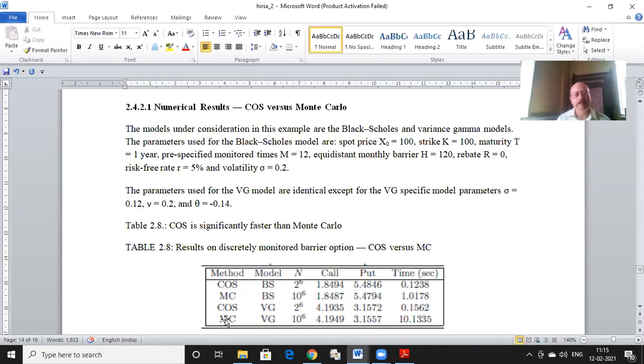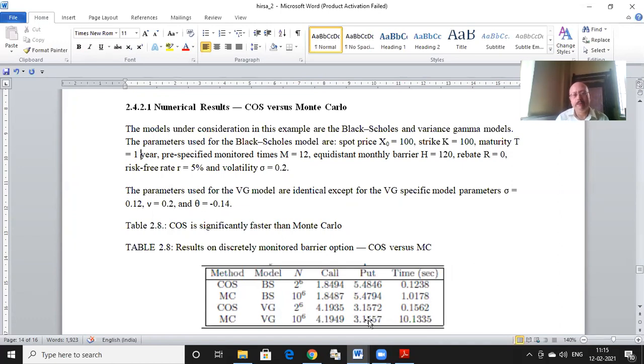So this is the result. If my model is Black-Scholes and I am using 2 to the power 6 observations in cosine rather than 10 to the power 6 in Markov chain Monte Carlo, the call prices and put prices I obtain are both pretty much close to the theoretically correct price, because in this case I know the theoretically correct price. But the time taken is much less for the cosine method, obviously, because I am using far fewer sample points than the Monte Carlo method.